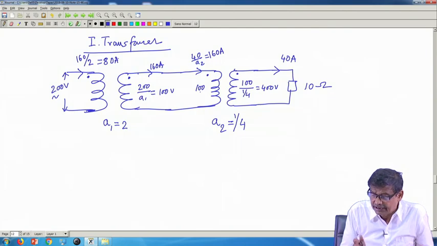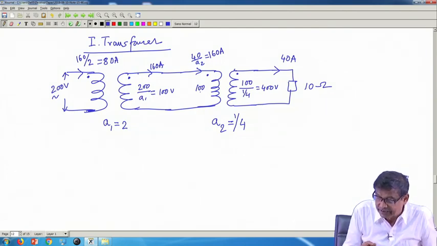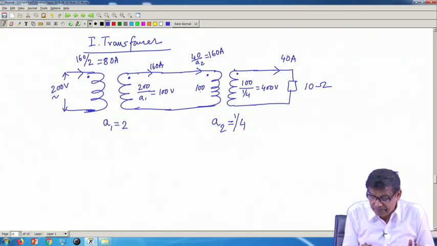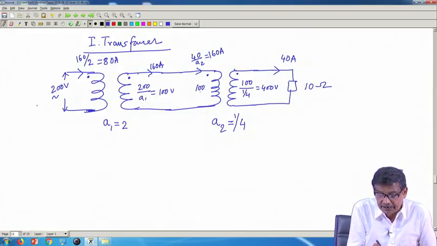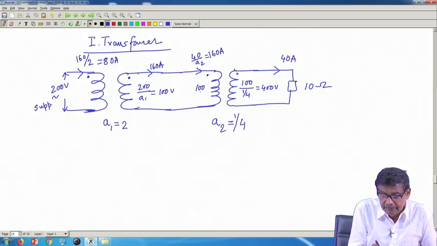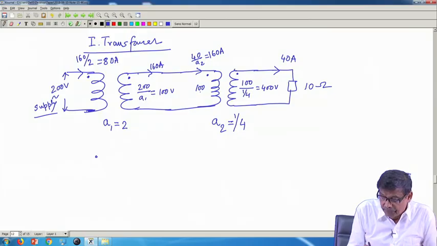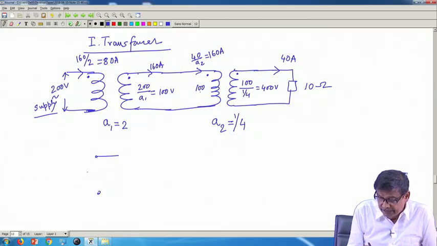Now, what I am telling is, the equivalent circuit of this whole system with respect to the source, this is the only supply. So, this is 200 volt.